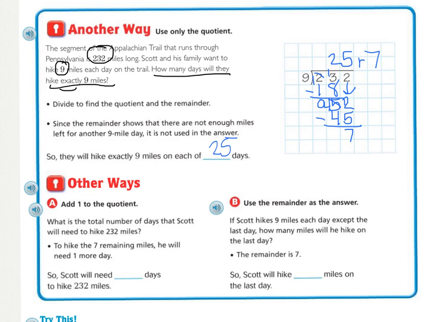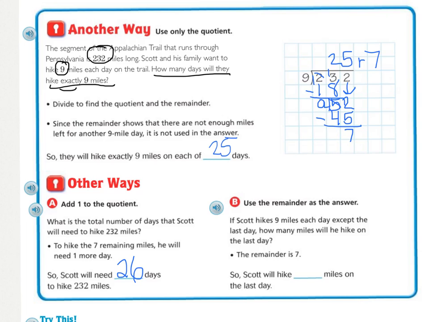So in this case, Scott would need 26 days to hike the 232 miles. We would be taking our 25 in our quotient and then adding 1 more because of the remaining 7 miles.